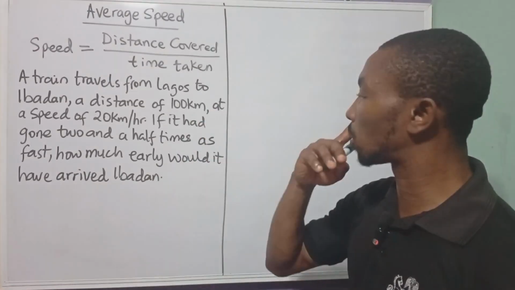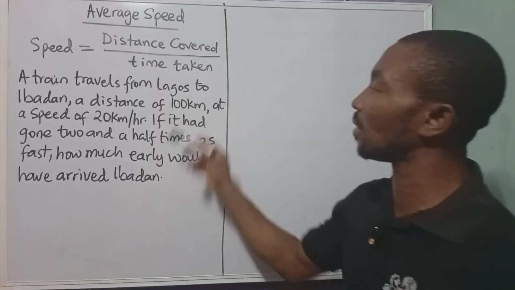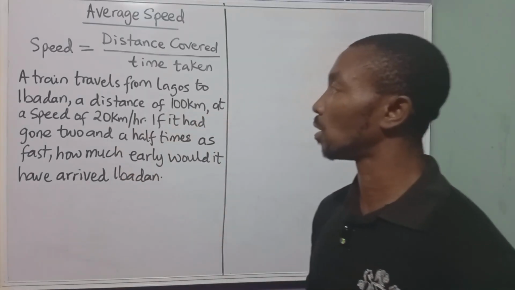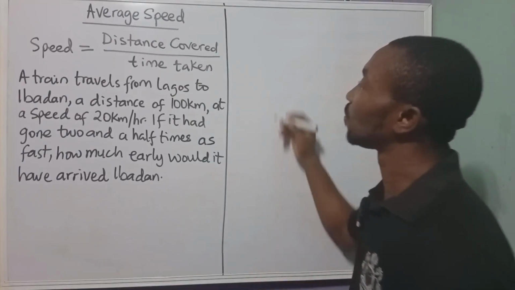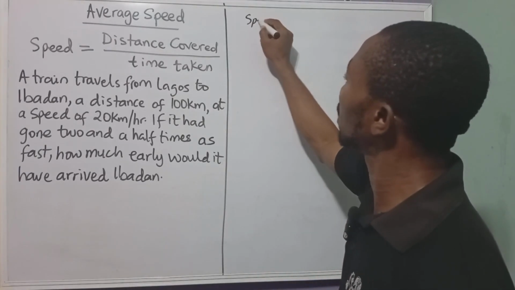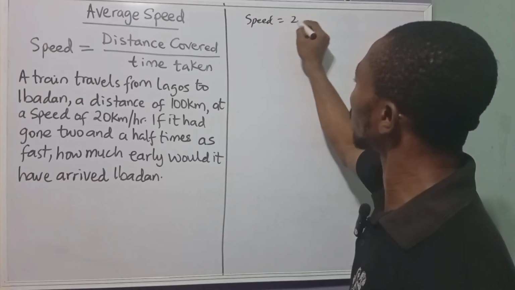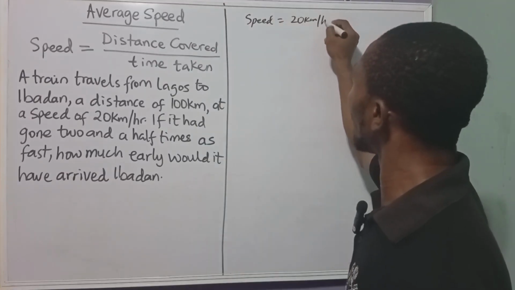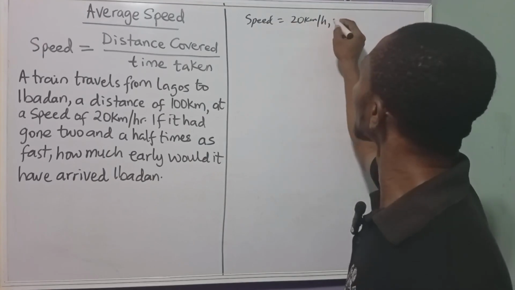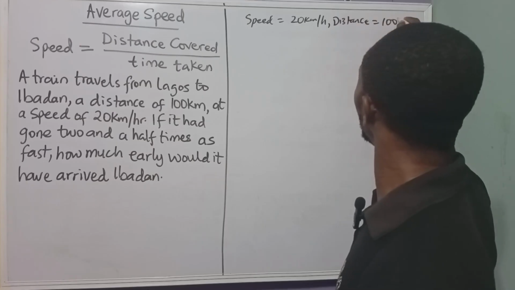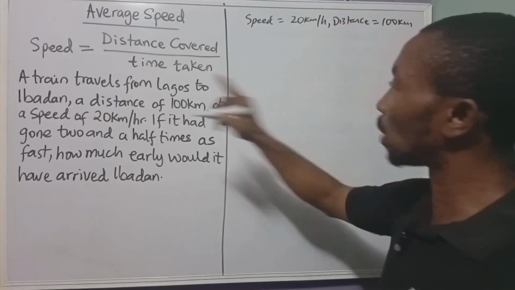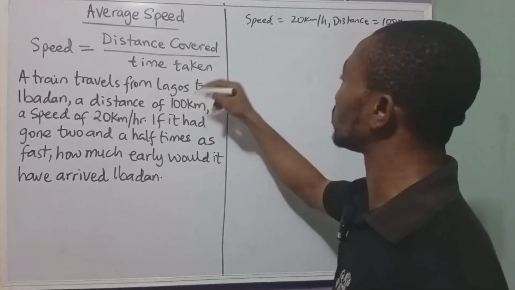Now, from this question, we can see that we are given distance and speed. Speed here is 20 kilometers per hour and distance is 100 kilometers. So that means we can find our time taken.